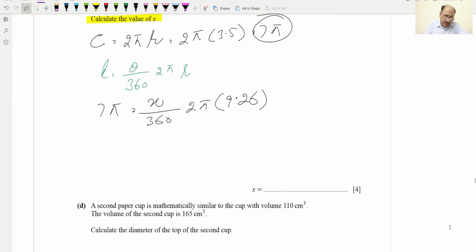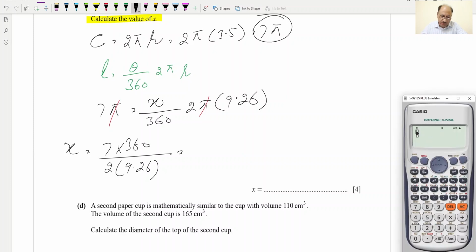And this x, now we need to make x subject. Before that we can cancel these pi, and x will be equal to 7 into 360 will go as numerator, divided by 2 into 9.26, and this will be resulting to fraction 7 into 360 divided by 2 into 9.26.